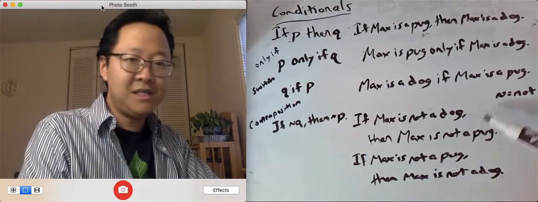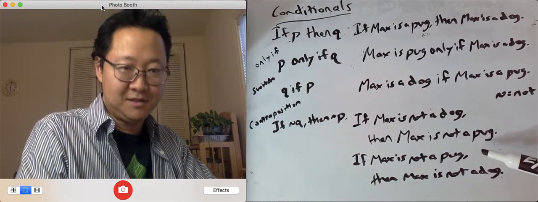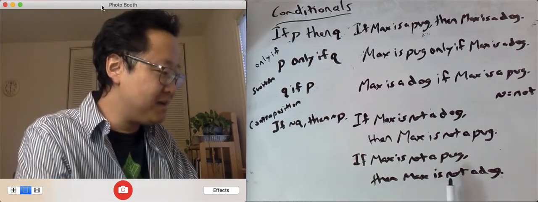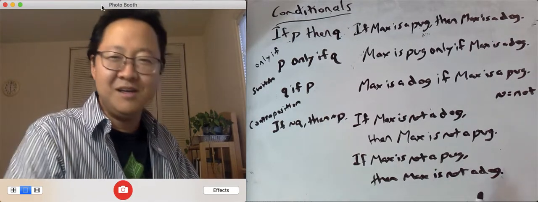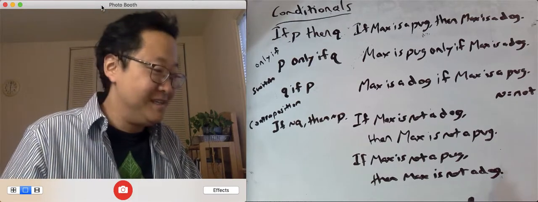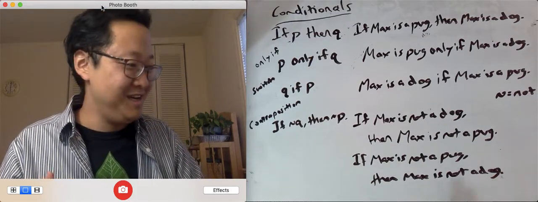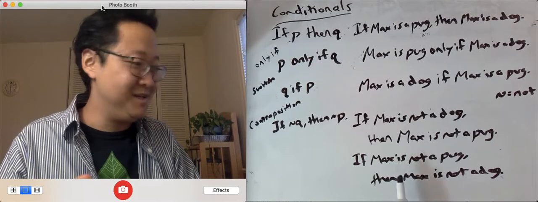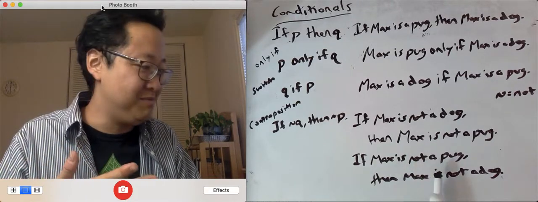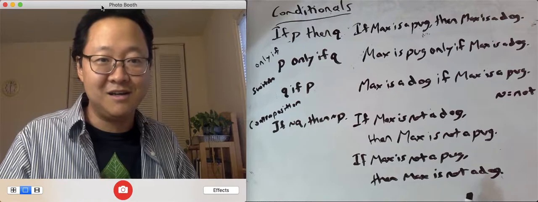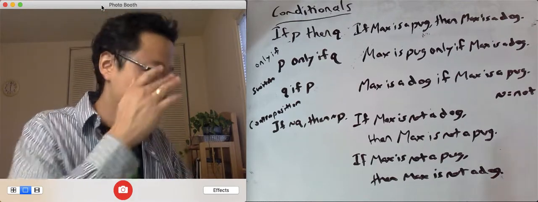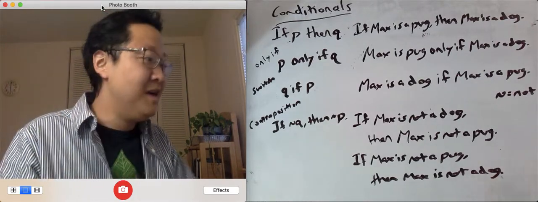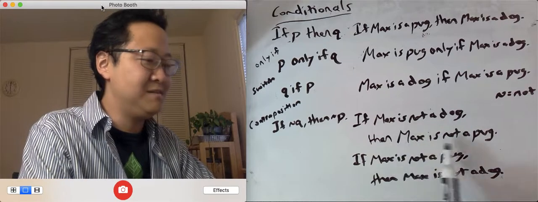Okay, notice how these mean different things. This one, if you're not a pug, then you're not a dog. Well, that doesn't follow. I mean, you could be a Cocker Spaniel. Max might be a Cocker Spaniel, but so it doesn't follow that if Max is not a pug, then Max is not a dog. Max could be a beagle, a golden retriever, whatever. But this is true. If Max is not a dog, then Max is not a pug.